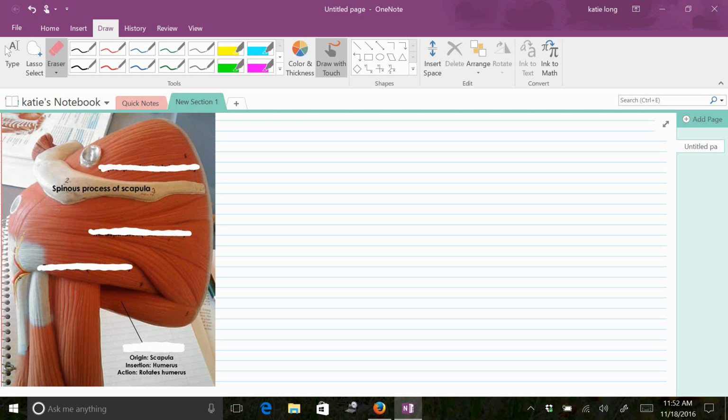Use that as your landmark so you know what is above and below it. Above it is your supraspinous fossa, which means your supraspinatus muscle is going to be right here. Below your spinous process is your infraspinous fossa, which means your infraspinatus muscle is going to be on it right there.